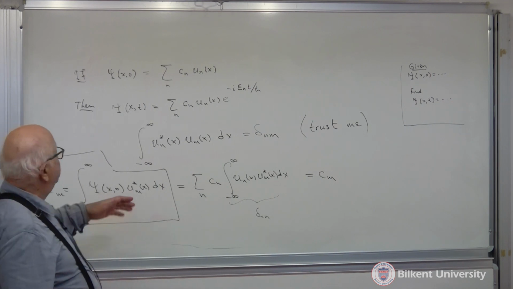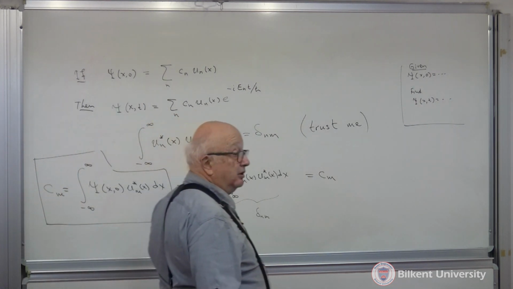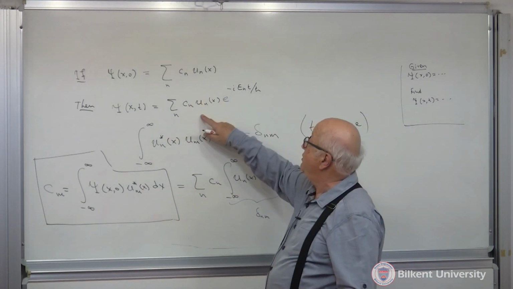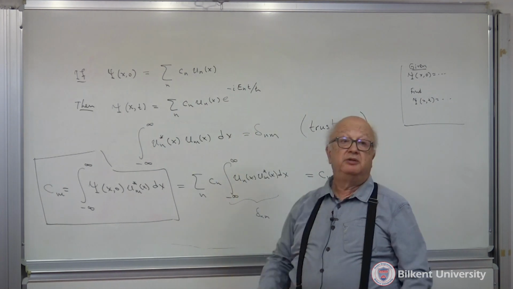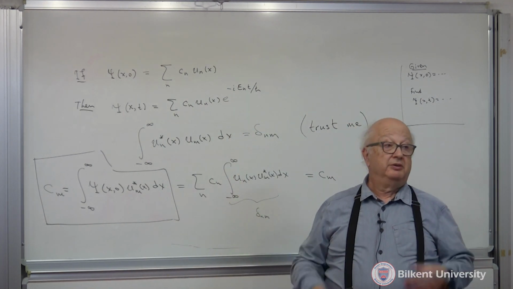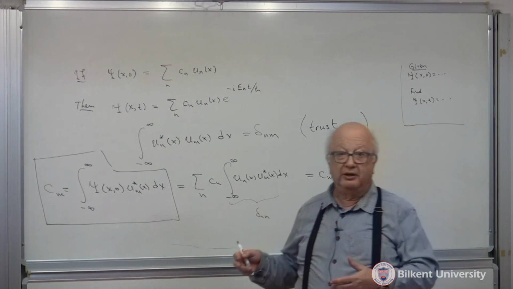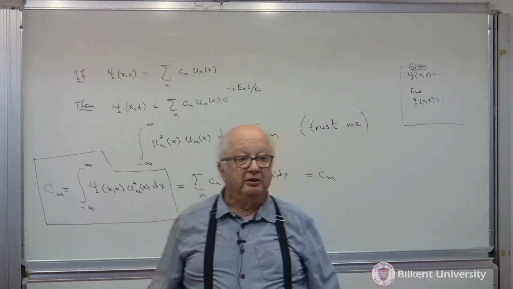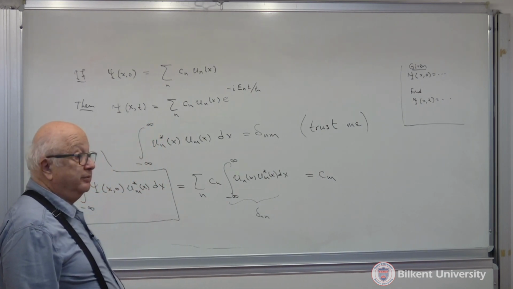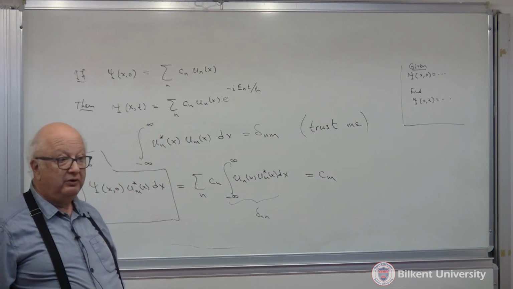Once we determine the expansion coefficients, then we just put this back into the equation with the time dependence, and we have the solution to the problem. So it's that simple, or if you like, that complicated, because it's not always easy to solve the Schrödinger equation. Okay, everything clear?